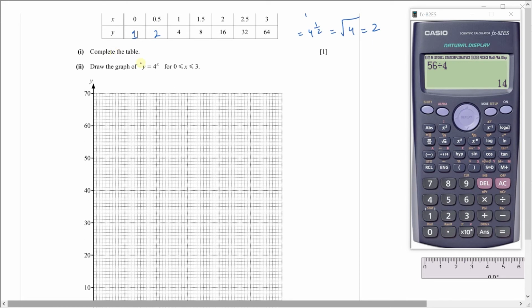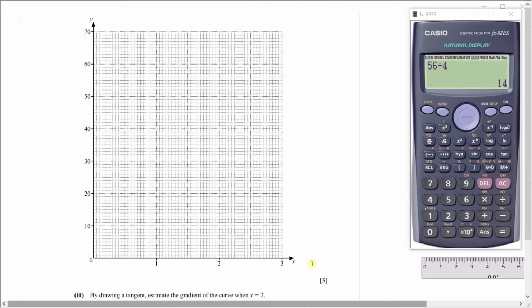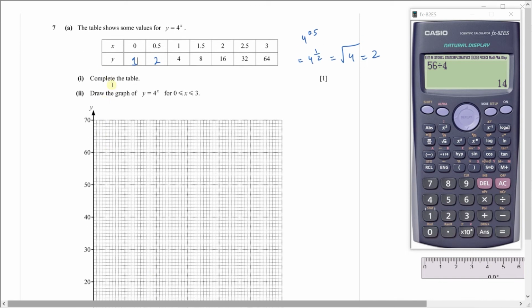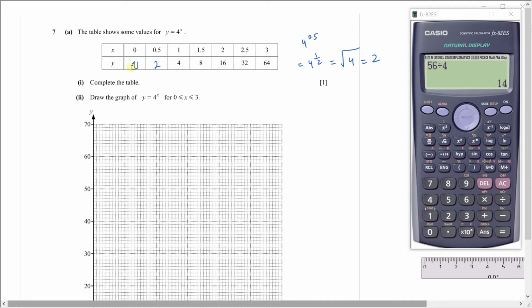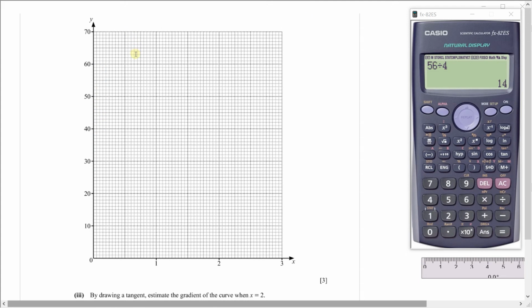The next part is draw the graph of y equals 4 power x for x between 0 and 3. So you have x on the x-axis and the y values, y equals 4 power x, on the y-axis. So your first point is 0 and 1, which will be this point here.